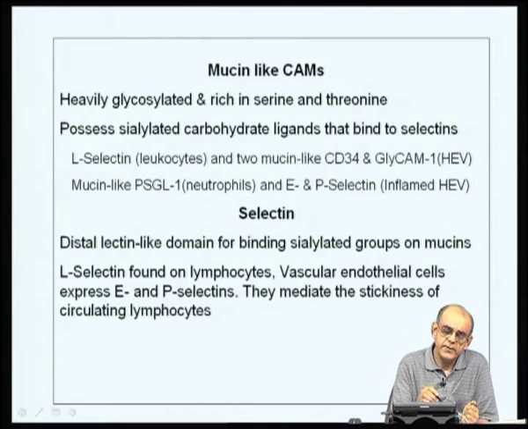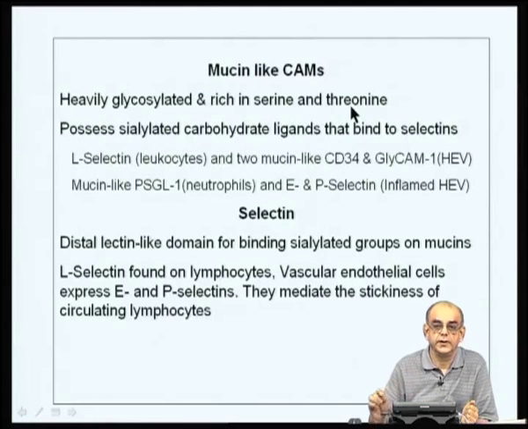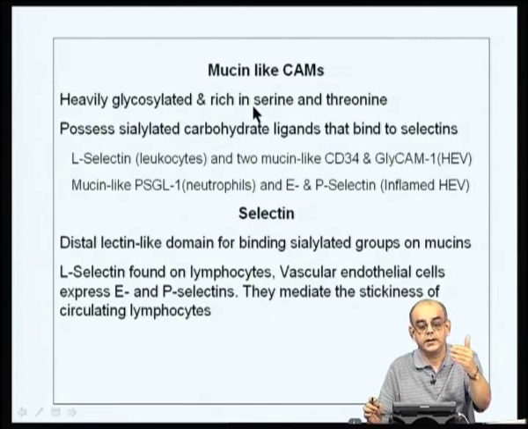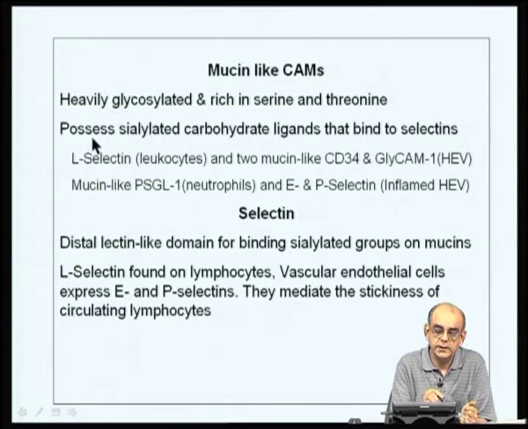These heavily glycosylated moieties are rich in serine and threonine, because these are the amino acids that get glycosylated. So, you find that these are sialylated, and all these carbohydrate ligands are bound by proteins called lectins.